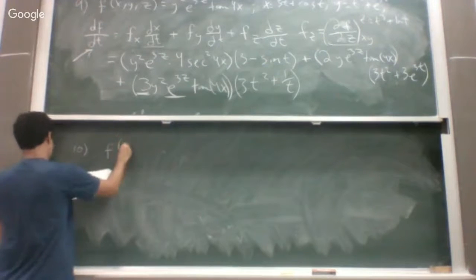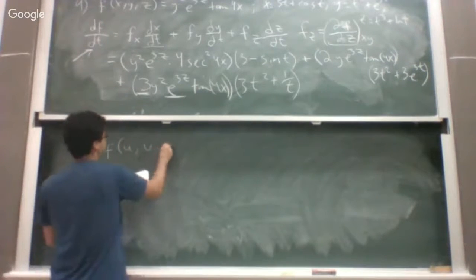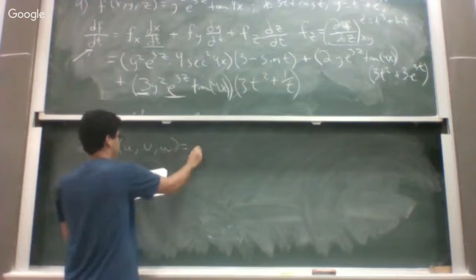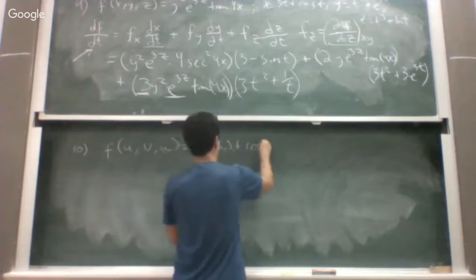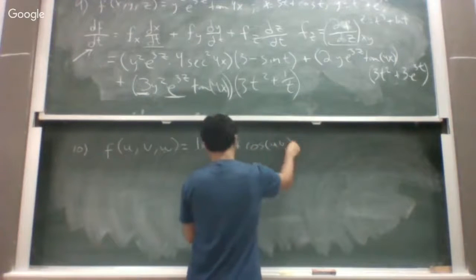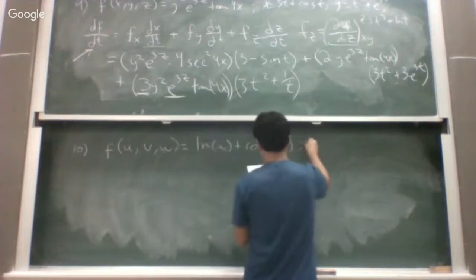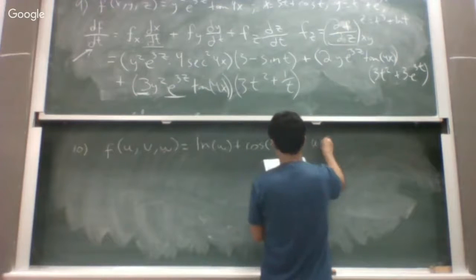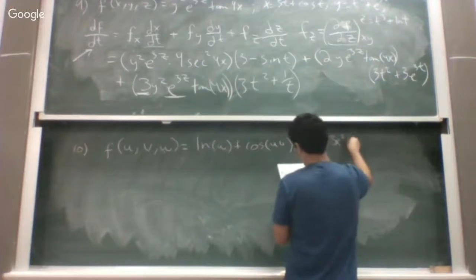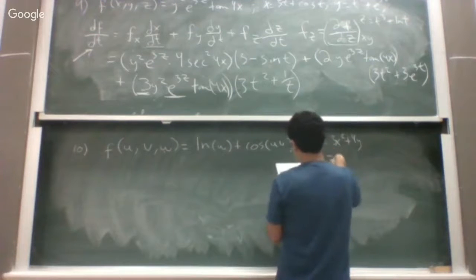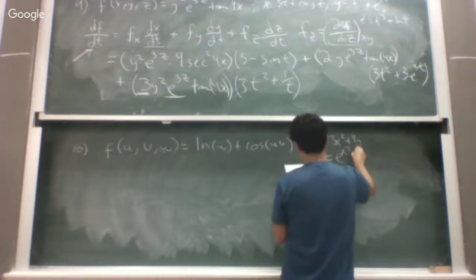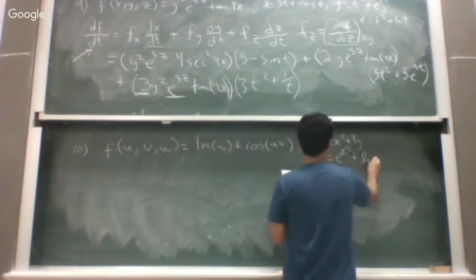We are given a function f of u, v, w: natural log of w plus cosine of uv. In this one, u is a function, 3x squared plus 4y. v is e to the x squared plus natural log of y.